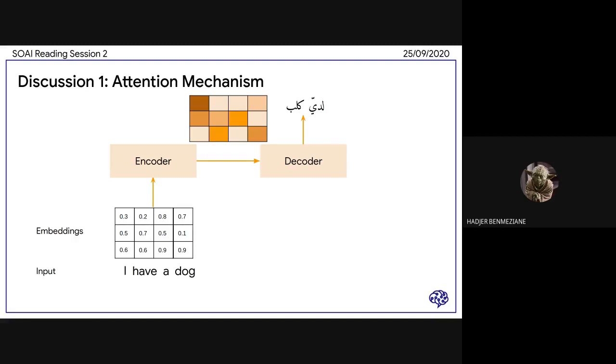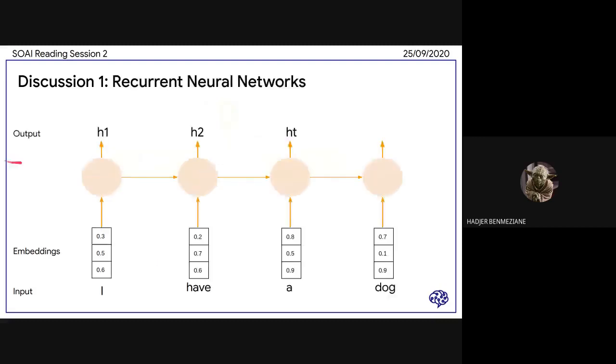So the difference between the seq-to-seq without the attention mechanism and the seq-to-seq with the attention mechanism is that the encoder, when we're doing this feed forward and getting the h values, will not only give the decoder H4, as we said before, but will give the whole H1, H2, H3, and H4 to the decoder.